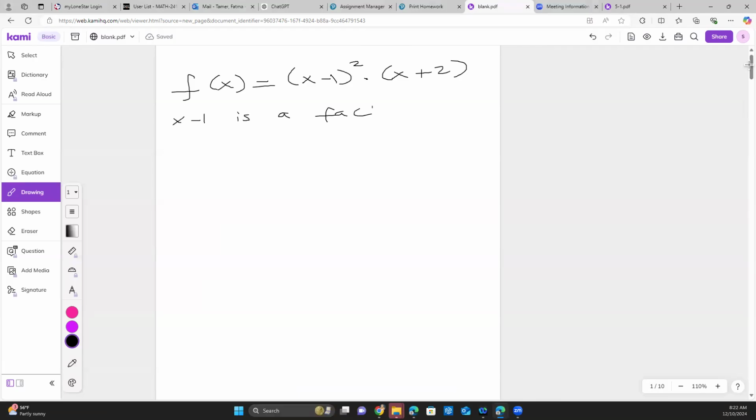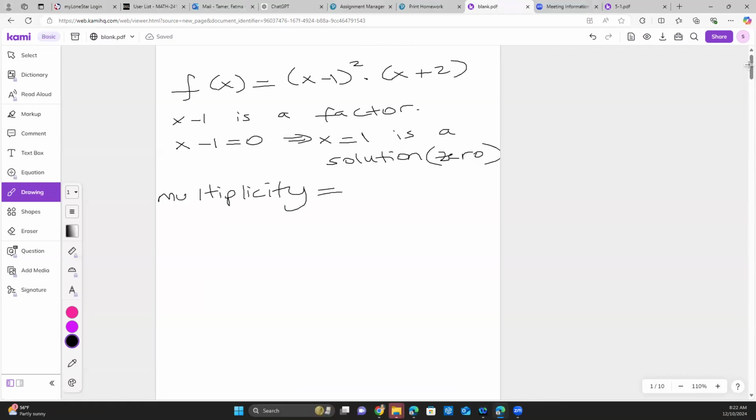When I set x minus 1 to 0 and solve for x, x equals 1 is a solution. Another name for solution is zero. The multiplicity of this zero is just the power associated with the factor. The power associated with x minus 1 is 2. So the zero 1 has a multiplicity of 2.